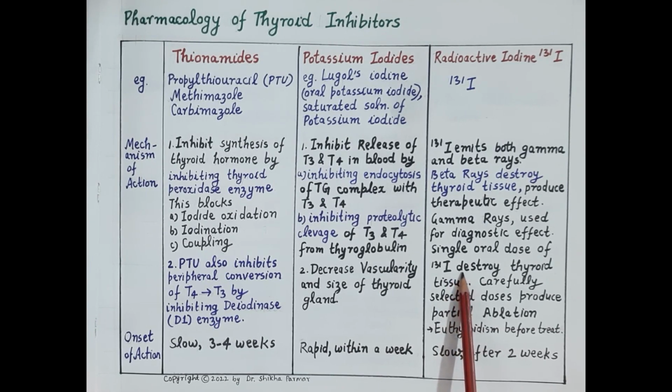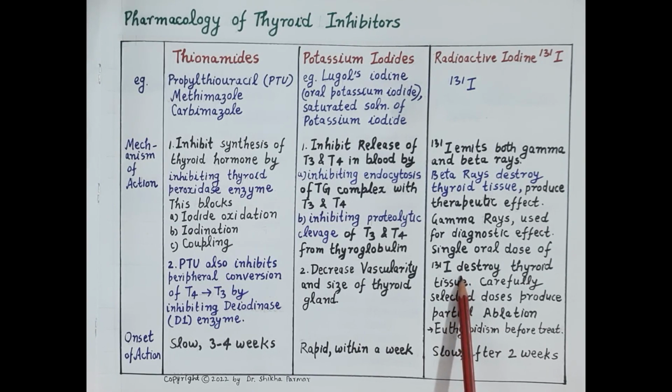Only few people require second or third dose of radioactive iodine. Now these gamma rays pass through the thyroid tissue and they are detected by a counter, and therefore these gamma rays are used for the diagnostic effect.